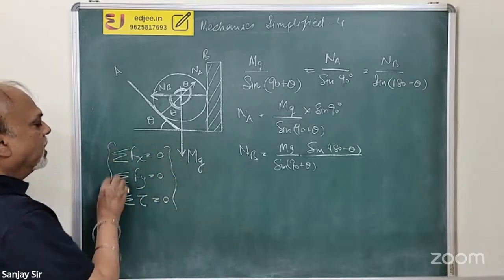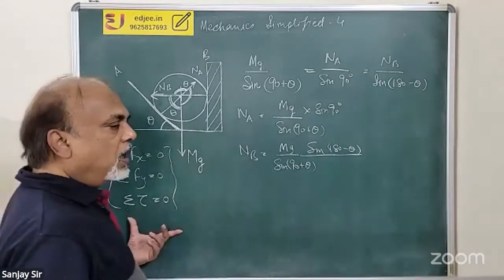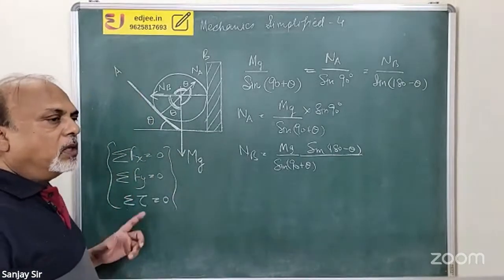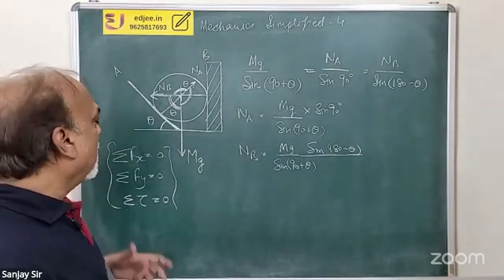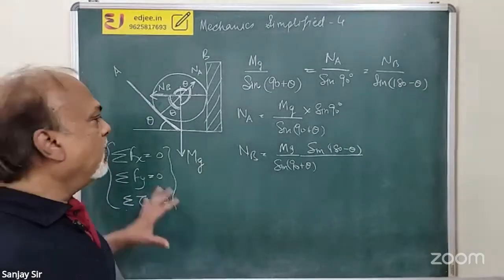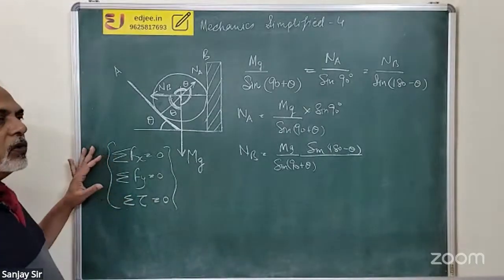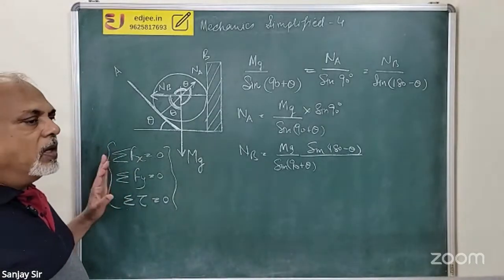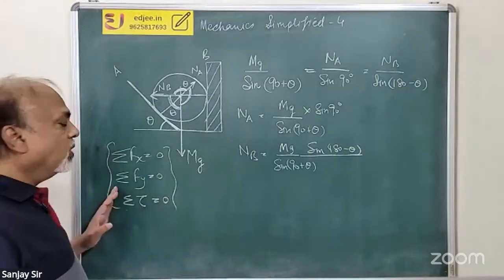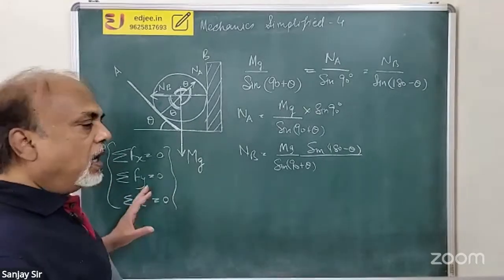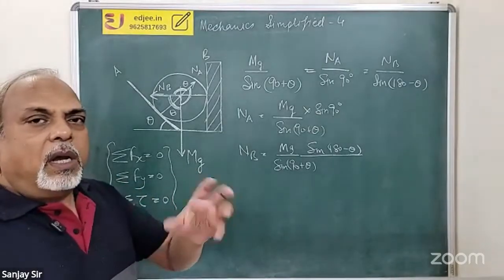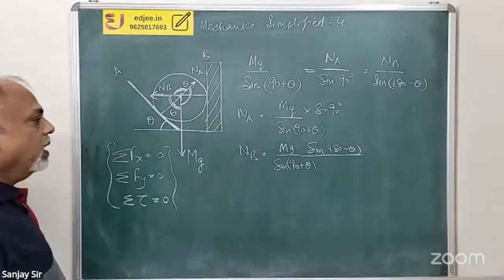If something is in equilibrium in a plane, I'm not talking about space, if some body is in equilibrium, then there should not be any net force horizontally, there should not be any net force vertically, and there should not be any torque which is rotating the body.